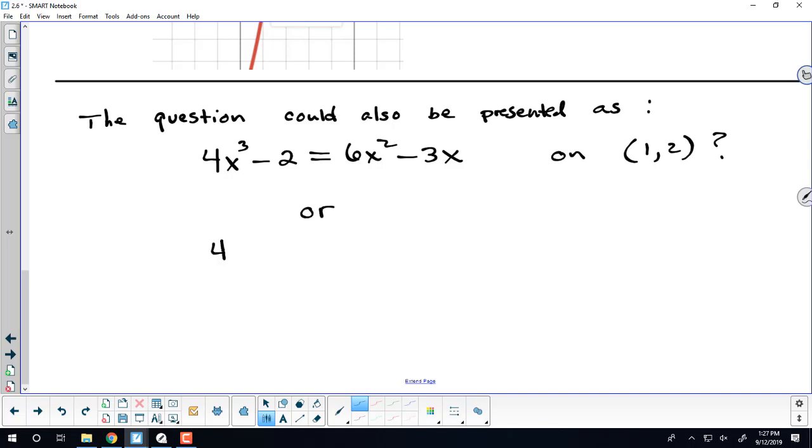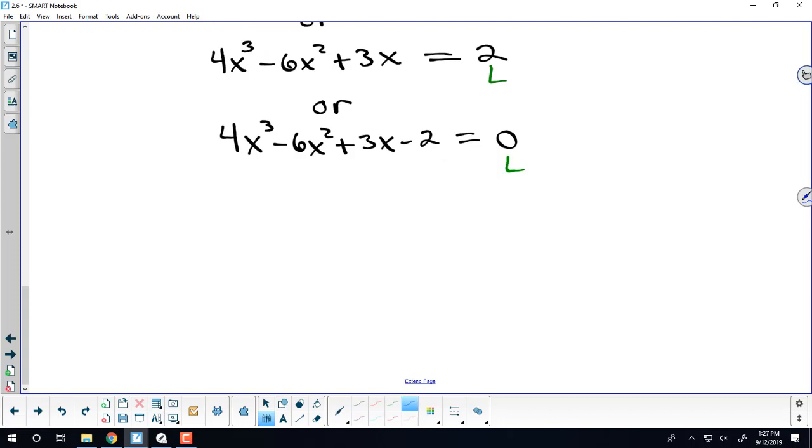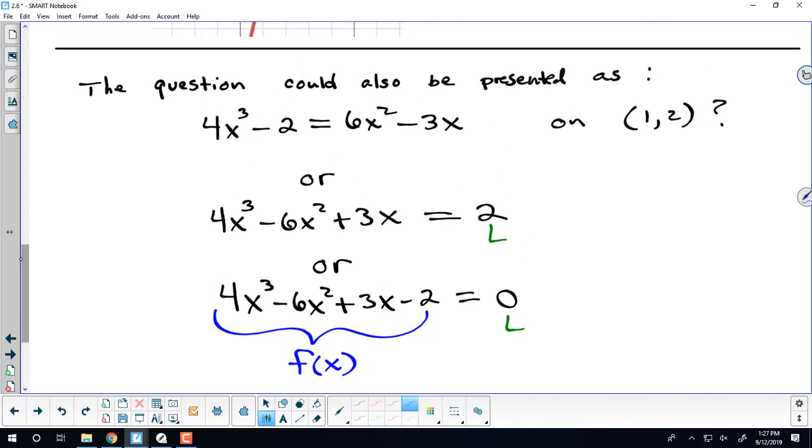Or like we wrote originally but erased, or as we were given in the original problem. So either way, this would be our L, depending on how you rewrote it, and then these are our functions. So you could work with either, but you definitely wouldn't work with the first way it was presented to you.